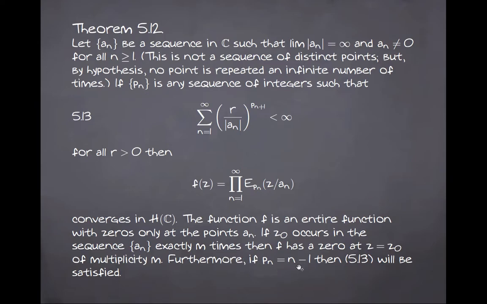There is one easy example: if we take p_n equals n minus 1, then this condition is clearly satisfied. So it is possible to have a sequence of integers for which this condition is satisfied. Therefore, given a sequence a_n, it is possible to construct a function like this whose zeros are only a_n and no other zeros. This is the meaning of the result we'll be using in proving the Weierstrass factorization theorem.